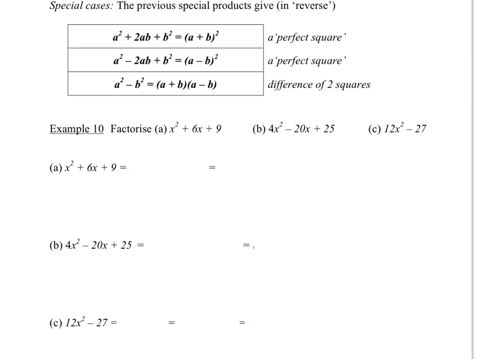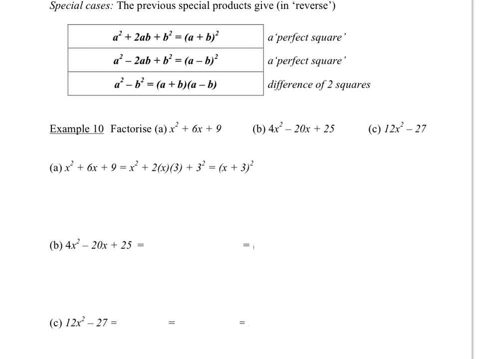Well, for the first one, we could rewrite that like this: x squared plus 2 times x times 3, which looks a little bit like this thing here, but with a equal to x and b equal to 3. So we can rewrite that as x plus 3 squared.